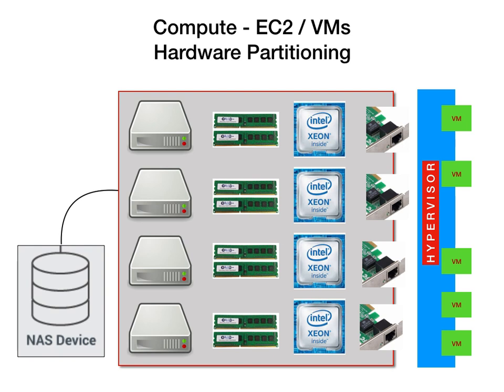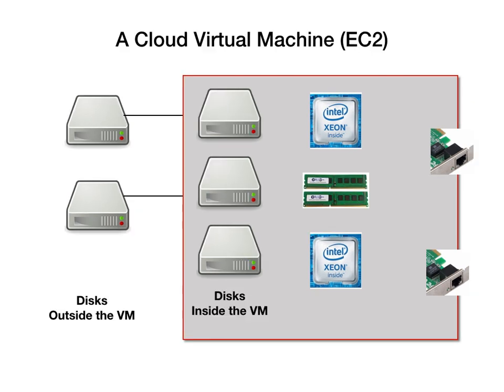So now let's look at a virtual machine by itself. This is what you would work with in the cloud. When somebody asks you, hey, give me an EC2 machine, this is what you're going to look at. You don't know where the actual CPUs are, you don't know where the actual card is.